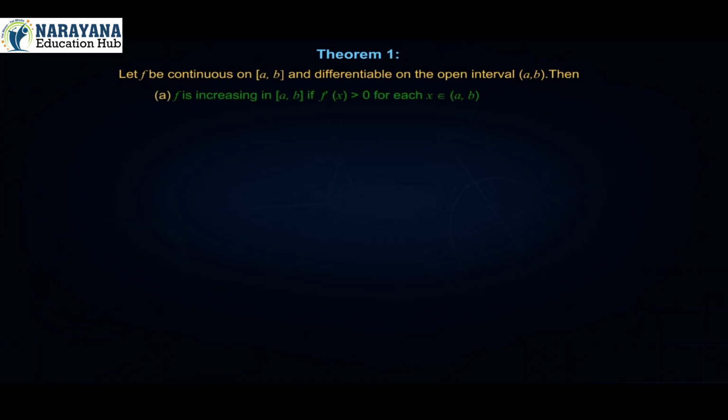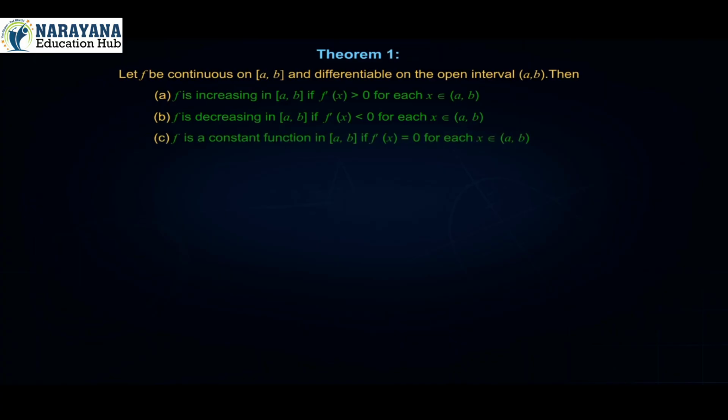Then (a) f is increasing in the closed interval a, b if f dash of x is greater than 0 for each x belongs to the open interval a, b. (b) f is decreasing in the closed interval a, b if f dash of x is less than 0 for each x belongs to the open interval a, b. (c) f is a constant function in the closed interval a, b if f dash of x is equal to 0 for each x belongs to the open interval a, b.